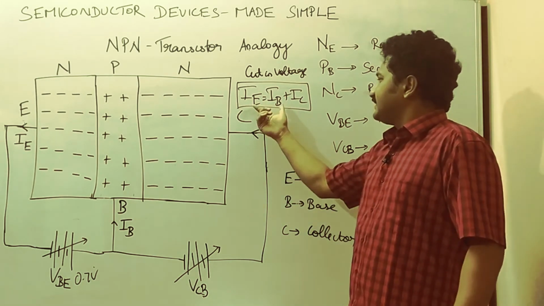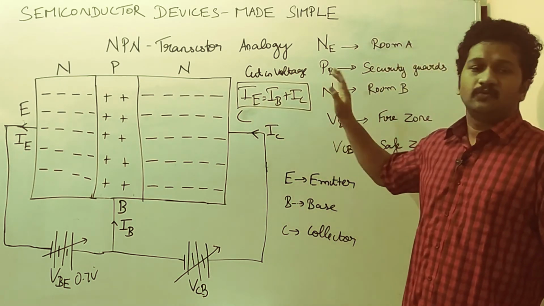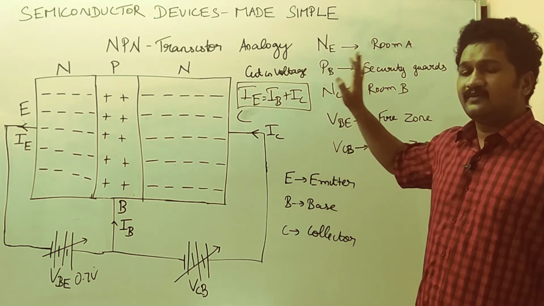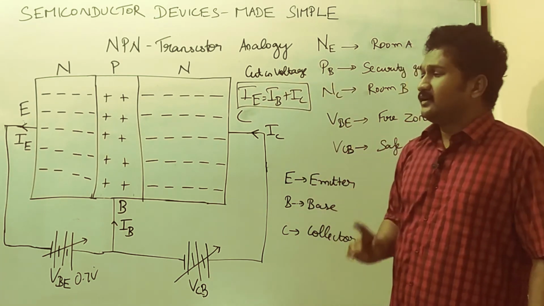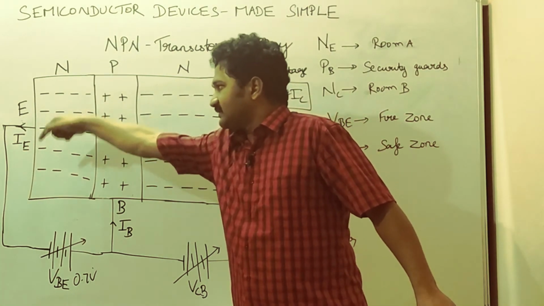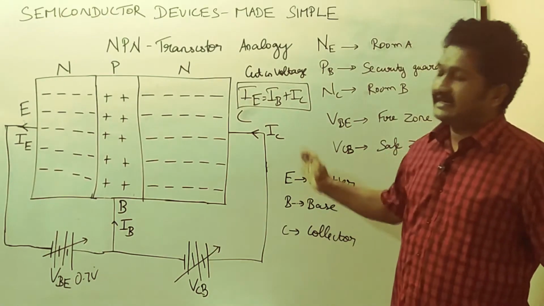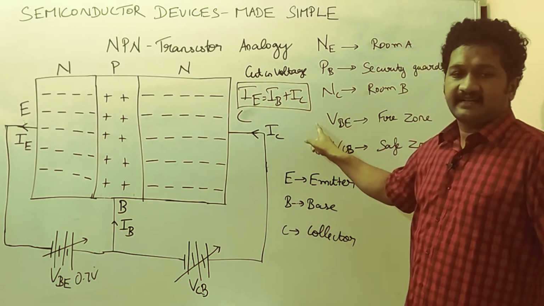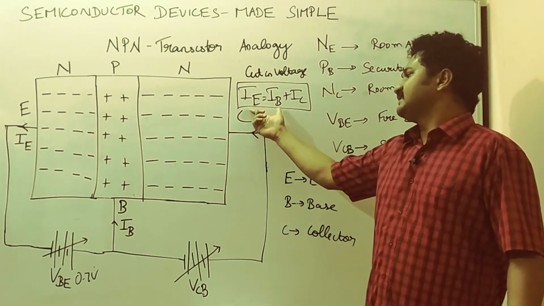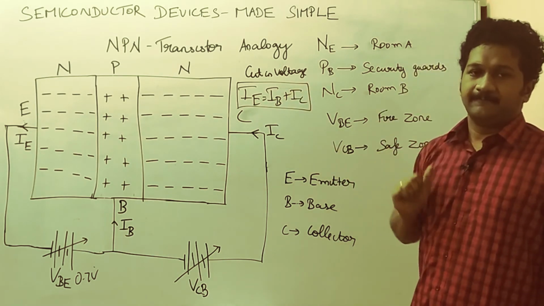So IE = IB + IC is the universal transistor current equation for a BJT. It follows Kirchhoff's law because one current is leaving the junction and two currents are entering it. IE is the emitter current leaving, and the base and collector currents are entering the junction. So IE = IB + IC.